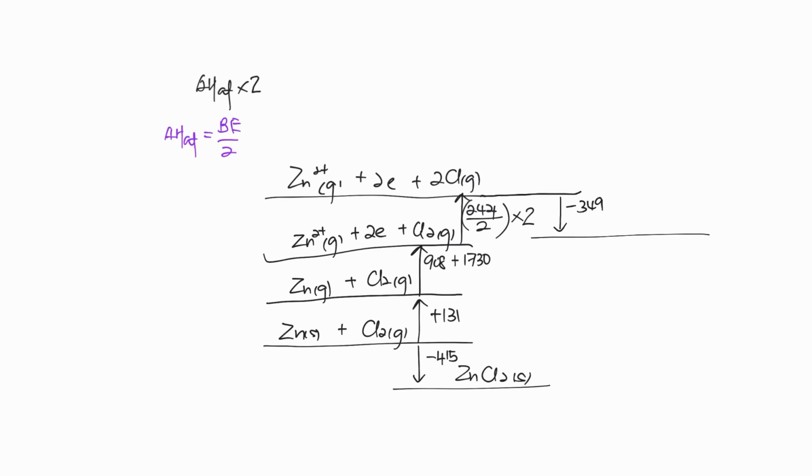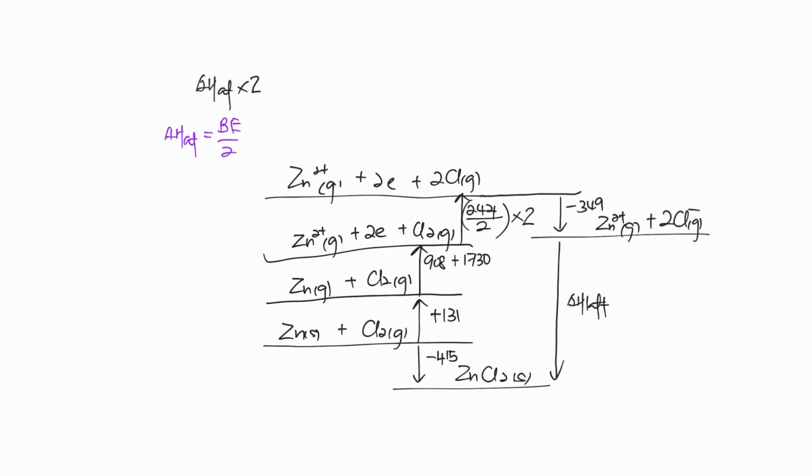It is to turn 2 Cl gas into 2 Cl minus gas. Again, these are the ions needed to form 1 mole of ionic solid in lattice energy. So the arrow will go all the way down to lattice energy, an exothermic reaction.